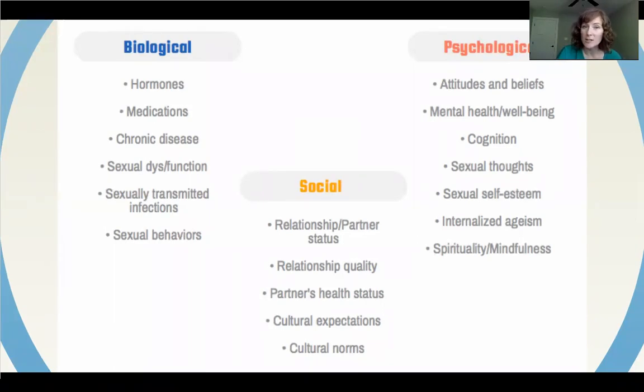Also, the medications you can take for certain diseases, like blood pressure pills, have sexual side effects. As we're thinking about the typical older adult, especially the older you get, you have some form of chronic disease, whether it's diabetes, heart disease, arthritis, or having had cancer. You may not, but the likelihood is higher as you age to have a chronic disease that's going to affect your sexual health.